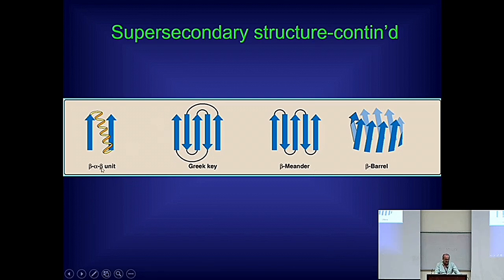It's usually 2 or more secondary structures. And here's an example, beta, alpha, beta. Here's a more organized one called the Greek key, beta meander, and the beta barrel. So that's a specialized further organization of the secondary structure. Okay?